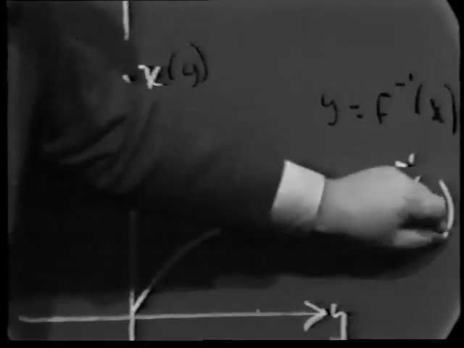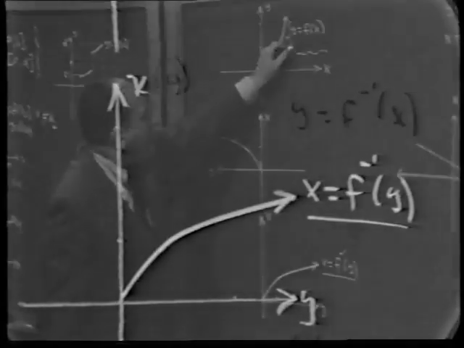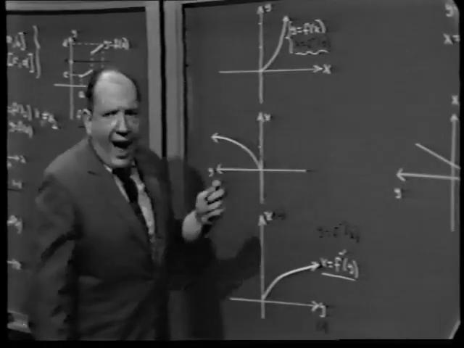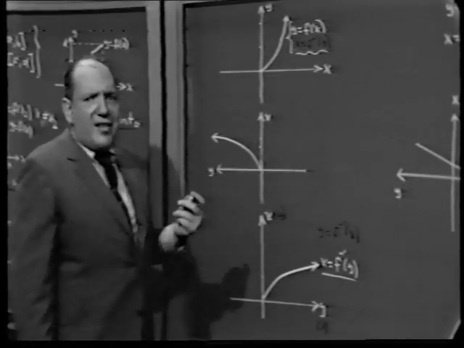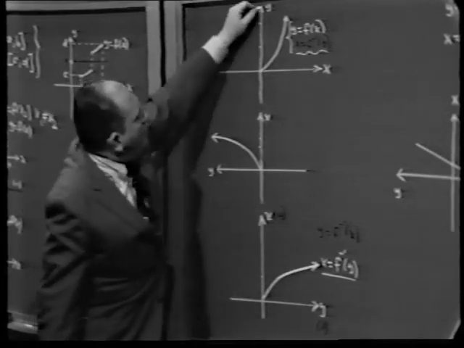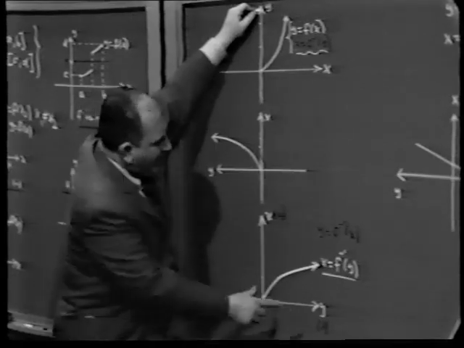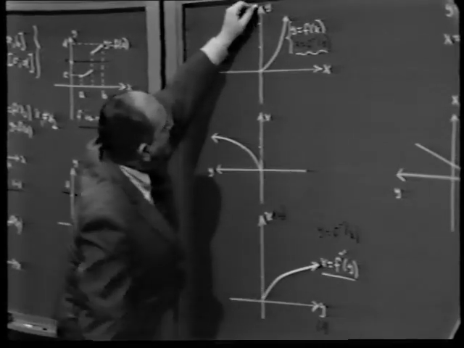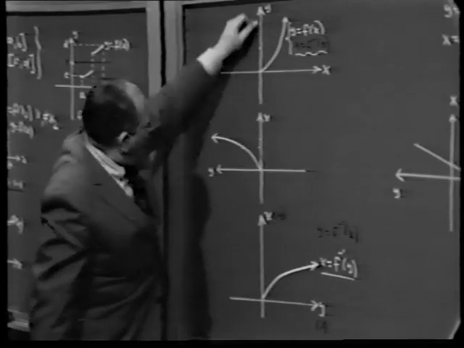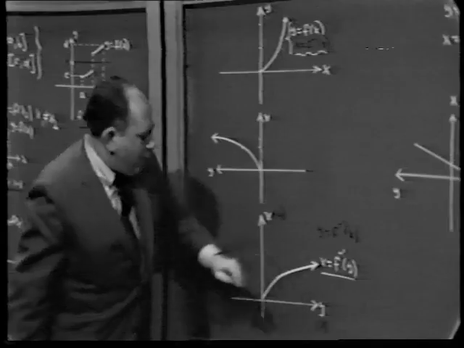In other words, x equals f inverse of y here and x equals f inverse of y here are the same equation. The reason that the picture looks different is because I didn't allow myself to use this as the axis of inputs here. In other words, as soon as I wanted to make this axis orient so that it would be the horizontal axis, this is what I had to go through over here.